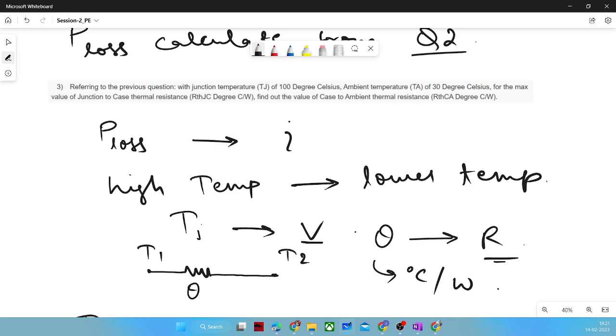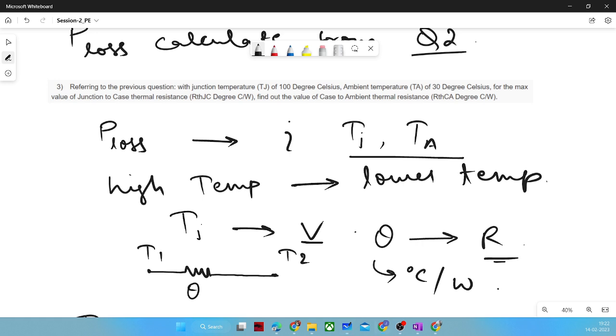right? So you are given the temperatures of junction and ambient, so Tj minus Ta you are given. What should be the maximum value of junction to case thermal resistance? That you need to find out, and based on that value, the thermal resistance value, which you will compute from the given power loss.